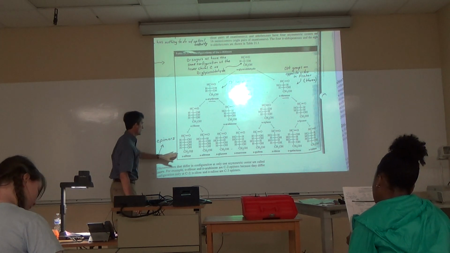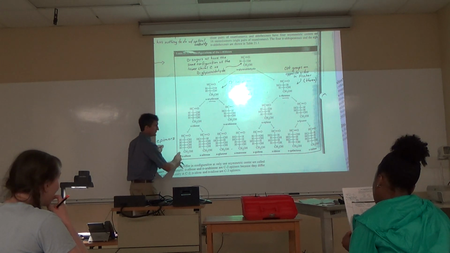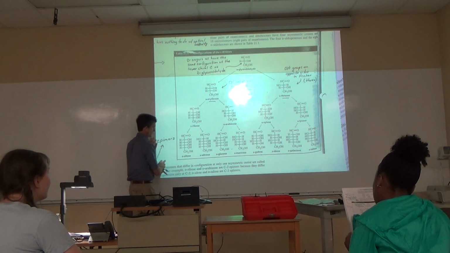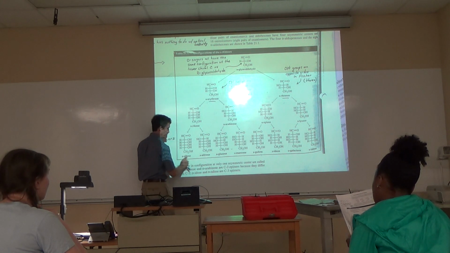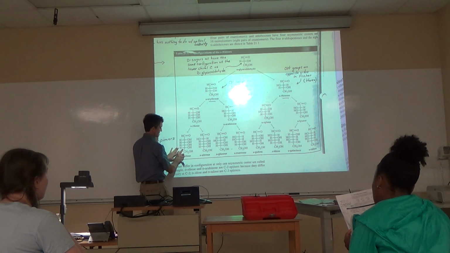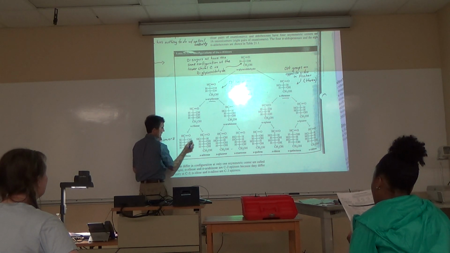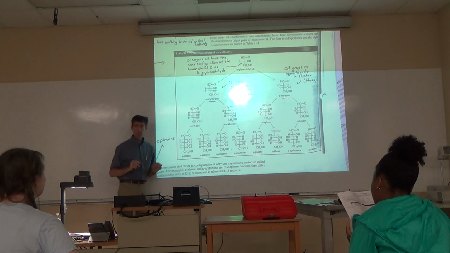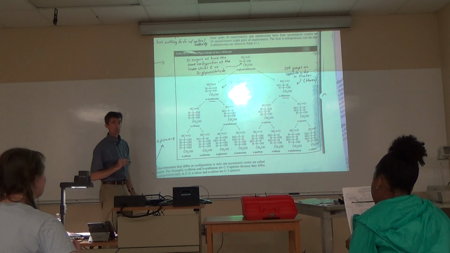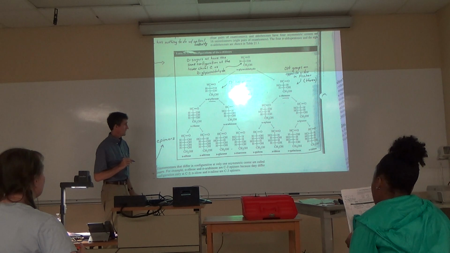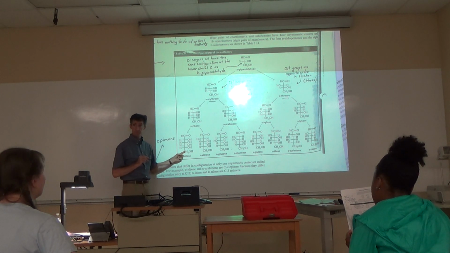Look down below. What's the relationship between all of these carbohydrates? They're all diastereomers. Look at one, this, allose and altrose. What's the difference? One carbon has been switched from R to S. Are these enantiomers?